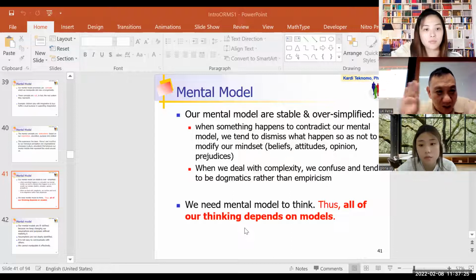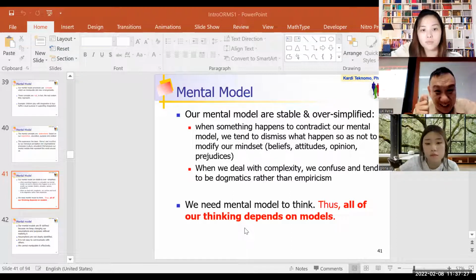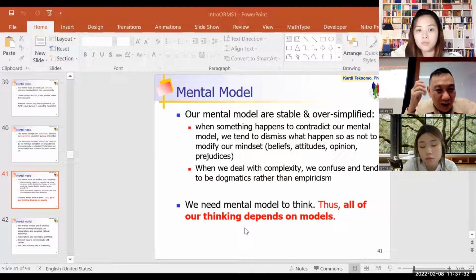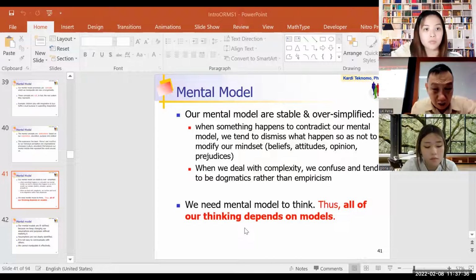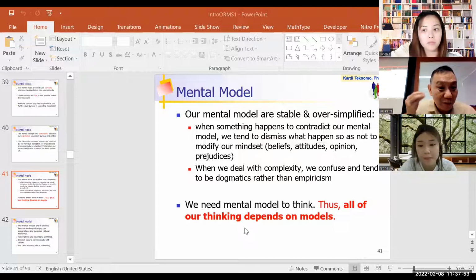We don't want to modify our belief, our attitude, our opinion, or our prejudice against others or against things. So when we deal with something so complex, we get confused and then tend to be dogmatic, isn't it? We don't want to change. This is the characteristic of mental models.